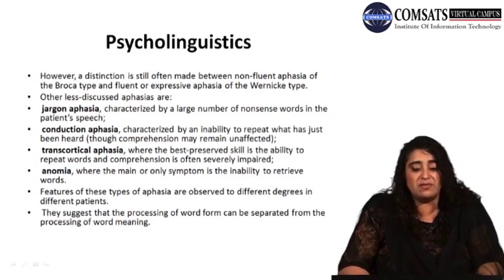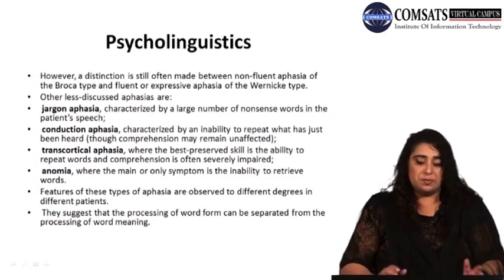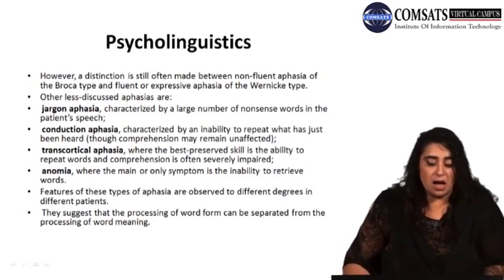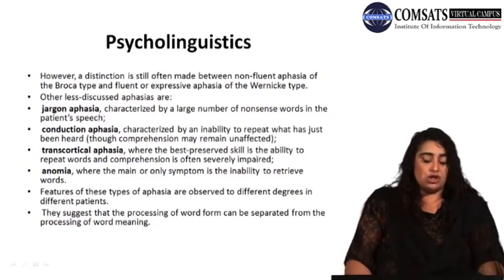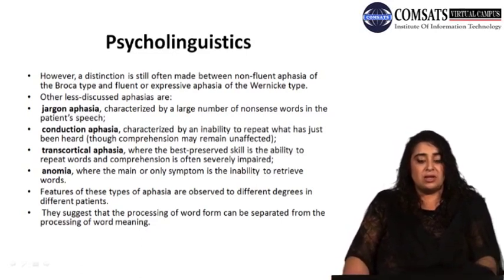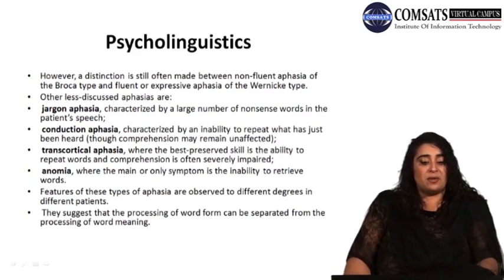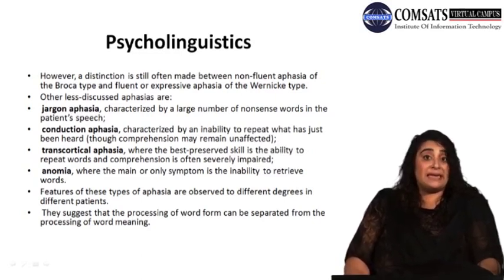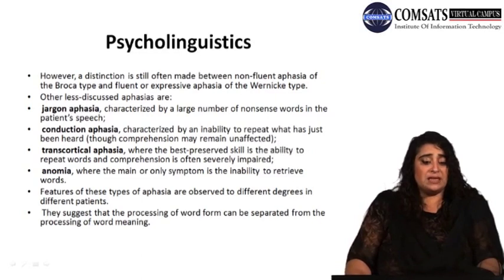Features of these types of aphasia are observed to different degrees in different patients, and you can judge it in different ways. They suggest that the process of word form can be separated from the process of word meaning, that is, the processing of the word from what the word exactly means.